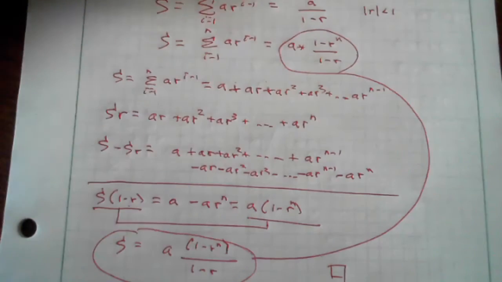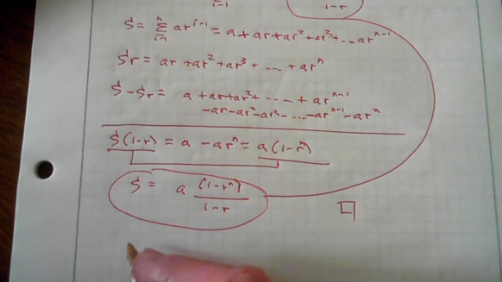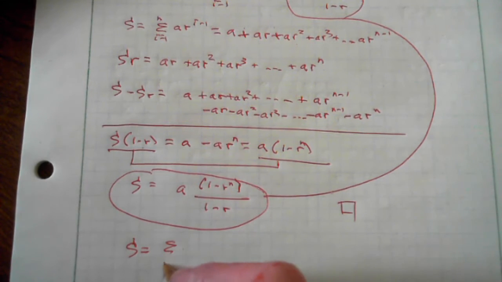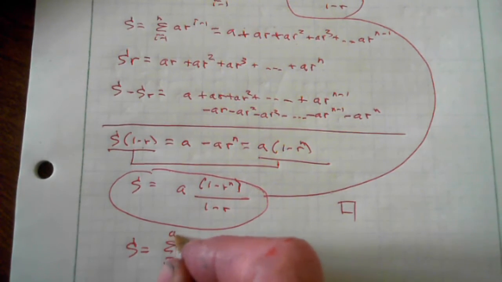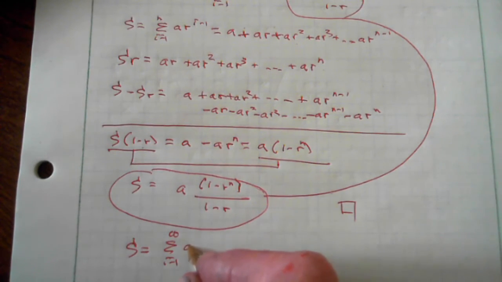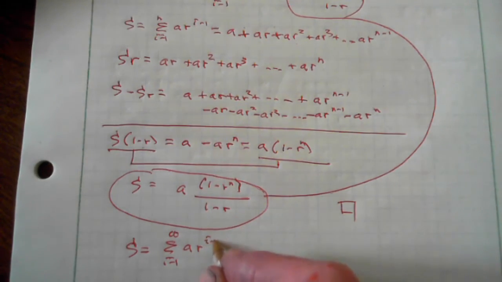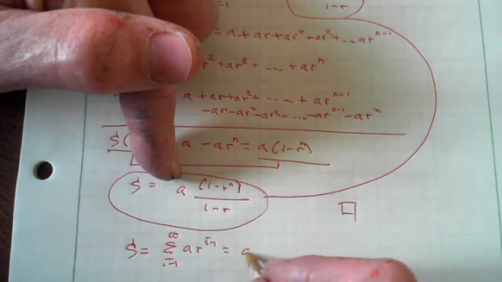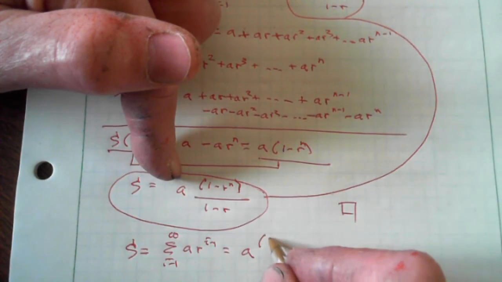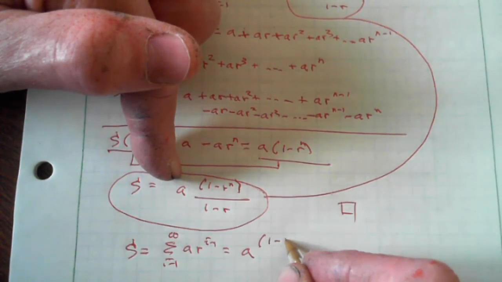Now, that's the finite. Let's look at the infinite. If I have S equals the sum from i equals 1 to infinity of a r to the i minus 1, well, let's plug this in. I'm going to get a times 1 minus r.